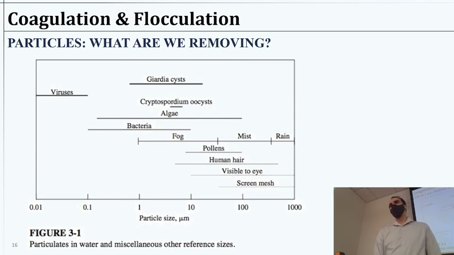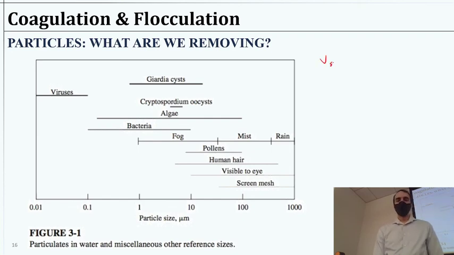If we wanted to start removing that type of stuff because it would scatter light in a UV process, or it would maybe shield bacteria from chlorination, we definitely want to get rid of it as much as we can. We have to do something to start catching these particles, making them stick together and grow in size so that they could be removed more easily.